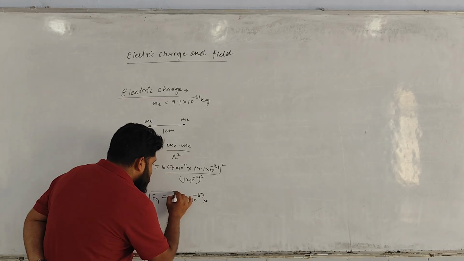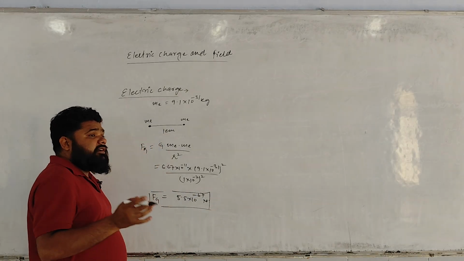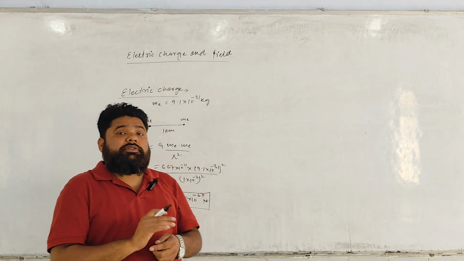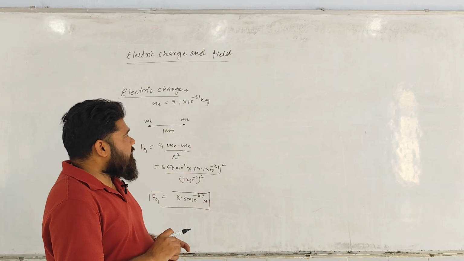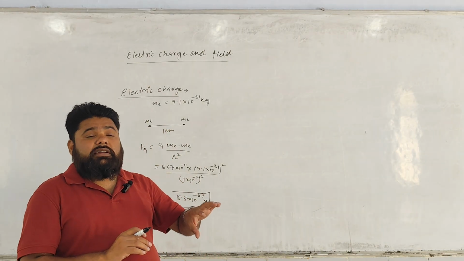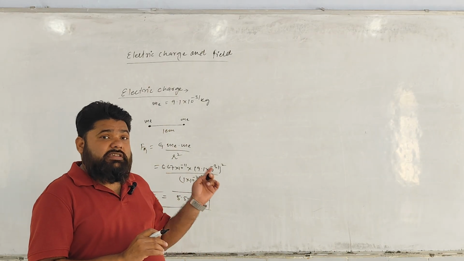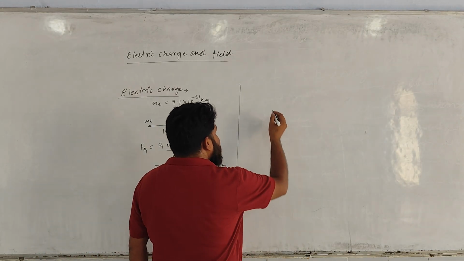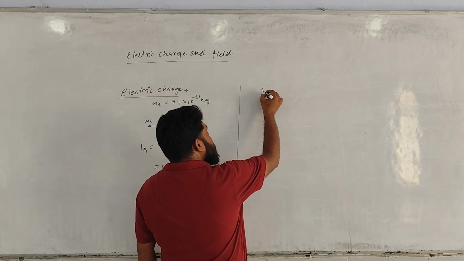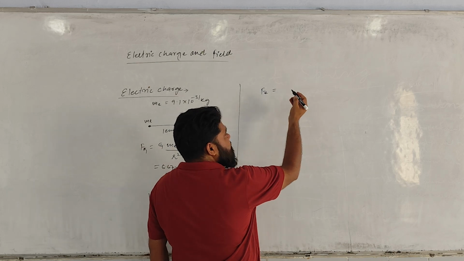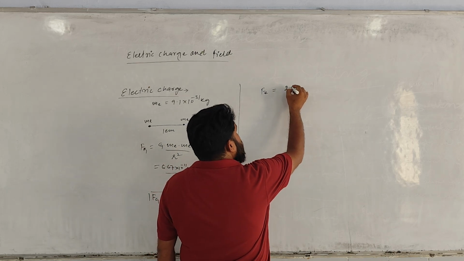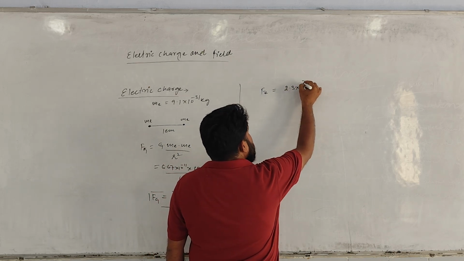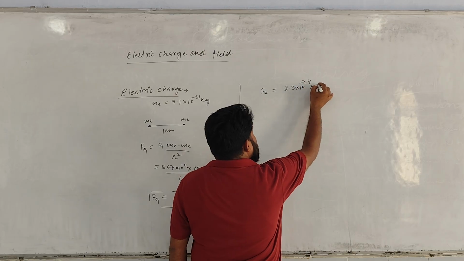This is the gravitational force of attraction between the two electrons placed at a separation of 1 centimeter. The electrostatic force of repulsion between these two electrons at the same separation of 1 centimeter is found to be 2.3 into 10 to the power minus 24 Newton.